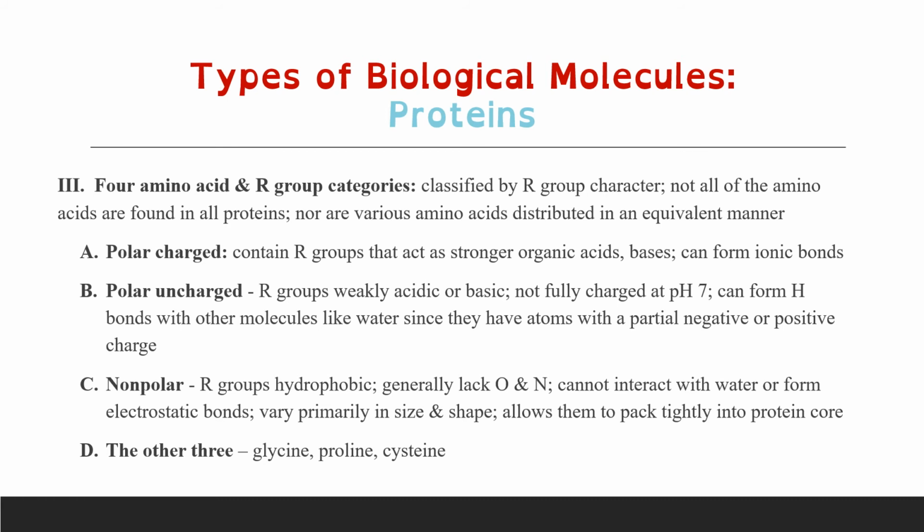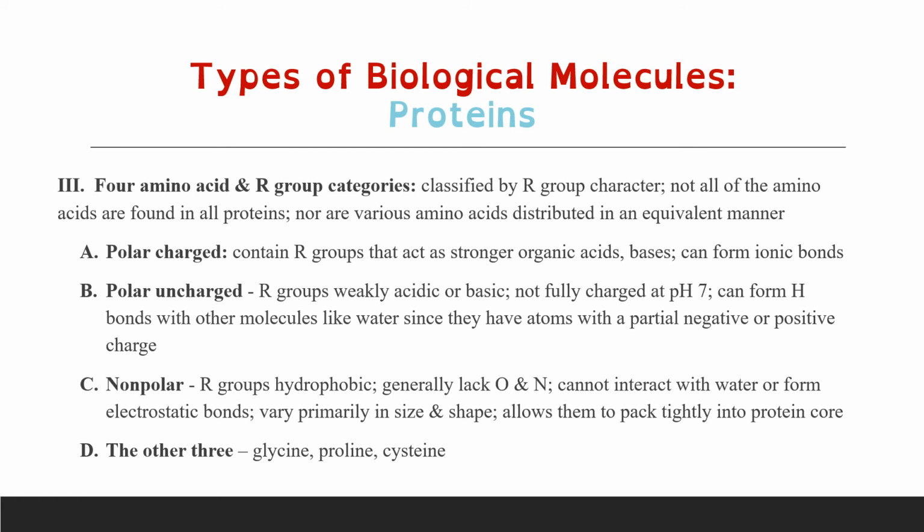The side chains of these amino acids have a partial negative or positive charge and thus can form hydrogen bonds with other molecules including water. These amino acids are often quite reactive. Included in this category are asparagine, glutamine, threonine, serine, and tyrosine.